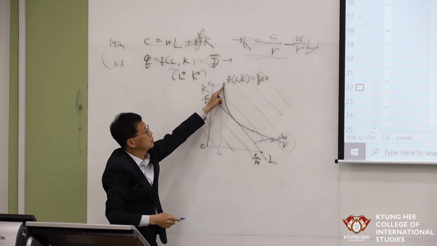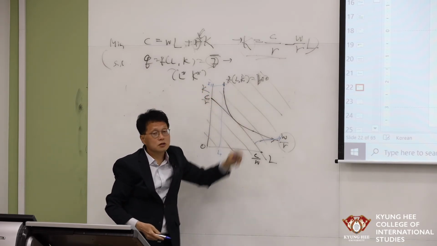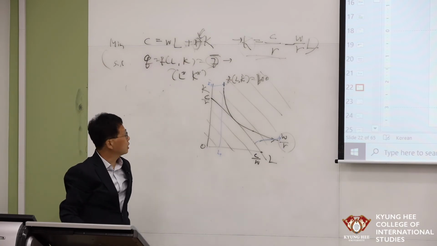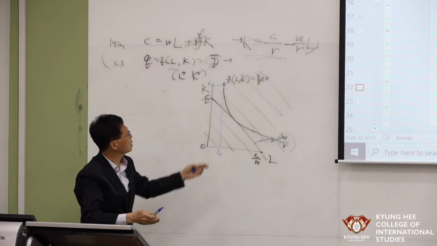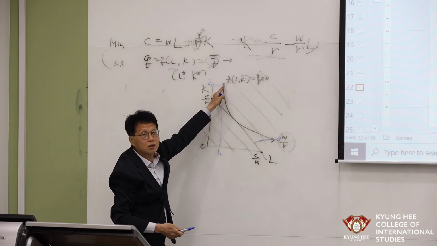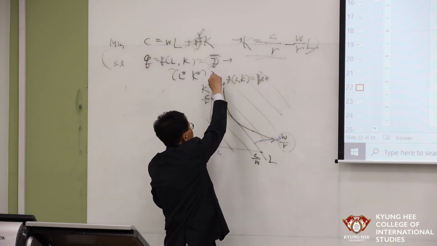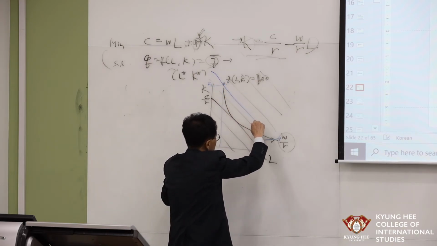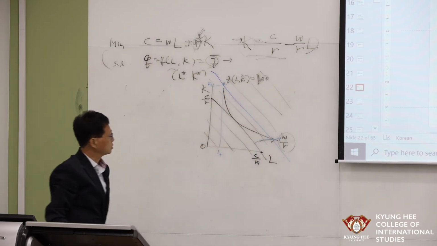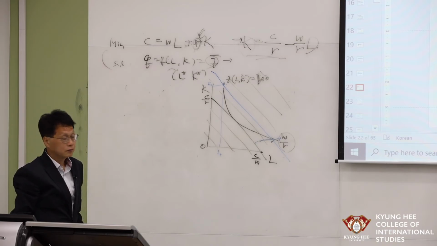Then you can cook 100 pans of pizza, right? Then what is the total cost at this point? You draw an isocost line crossing this point. Then you know that you can draw this kind of blue isocost line, right?